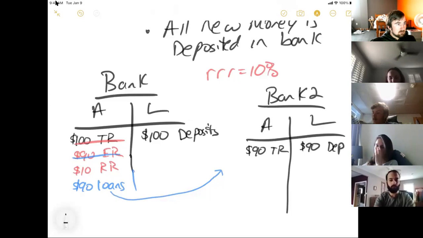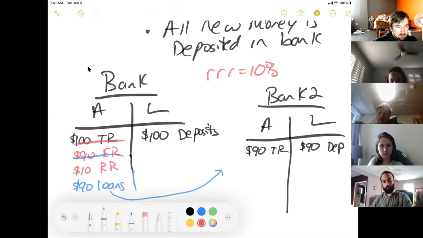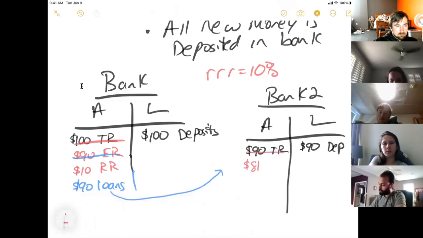No, obviously not, right? This bank would like to loan this out. How much of this money can they lend out? $81, right? Because this is essentially $81 in excess reserves, $9 in required reserves.